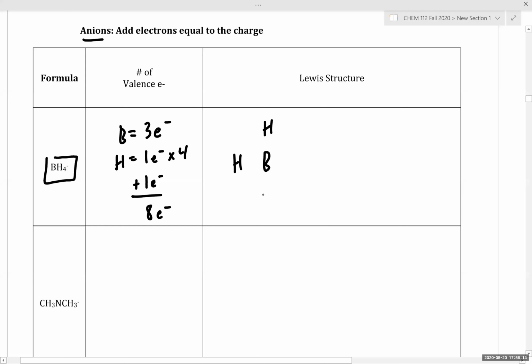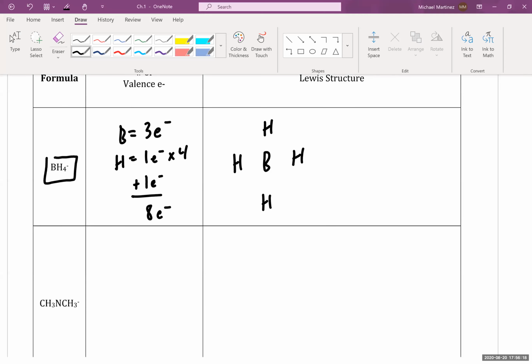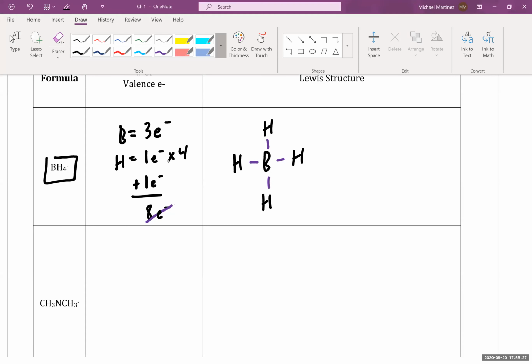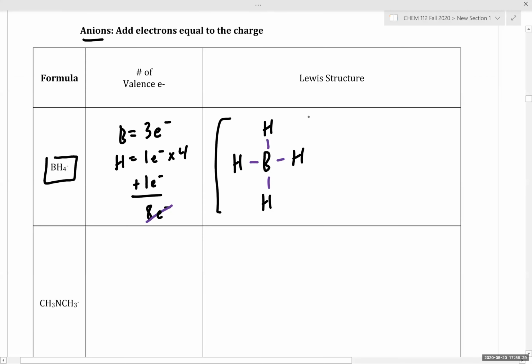We surround it with our hydrogen atoms, and we form 1 bond each. That gives us 0 electrons remaining. But as this structure is charged, we respect that by placing the structure in brackets and indicating the charge as -1 in the upper right-hand corner.